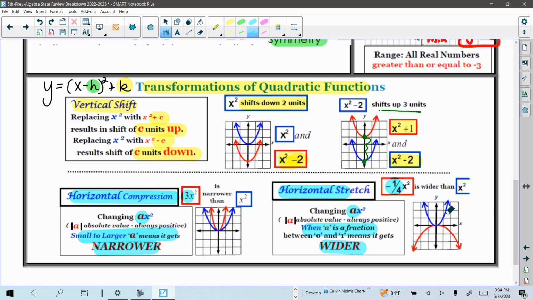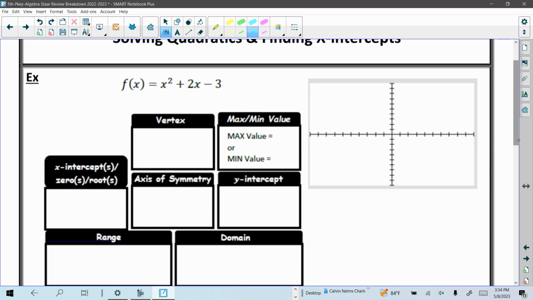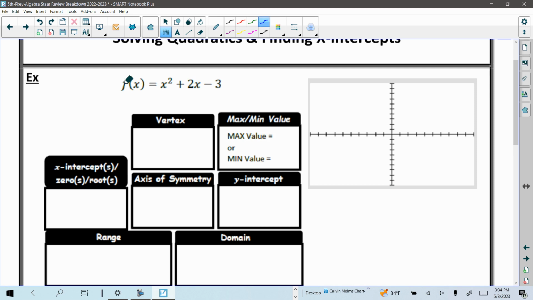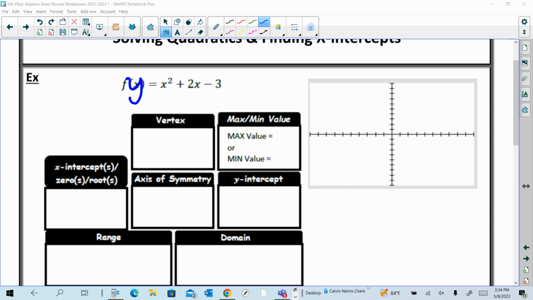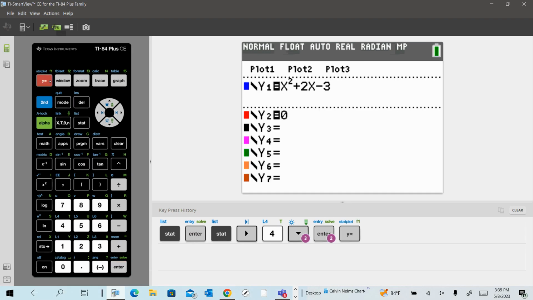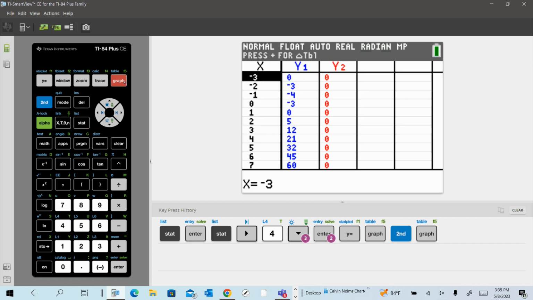But the first thing is, on this first example, we need you to be able to fill in every part here if you're given a function. So I want you to hopefully remember that I can change this f of x to y equals. So I go to my calculator, go to y equals, type in the equation, which I believe is x squared plus 2x minus 3, graph it, get an idea of that graph, or to get better exact points, go to second graph to go to the table.